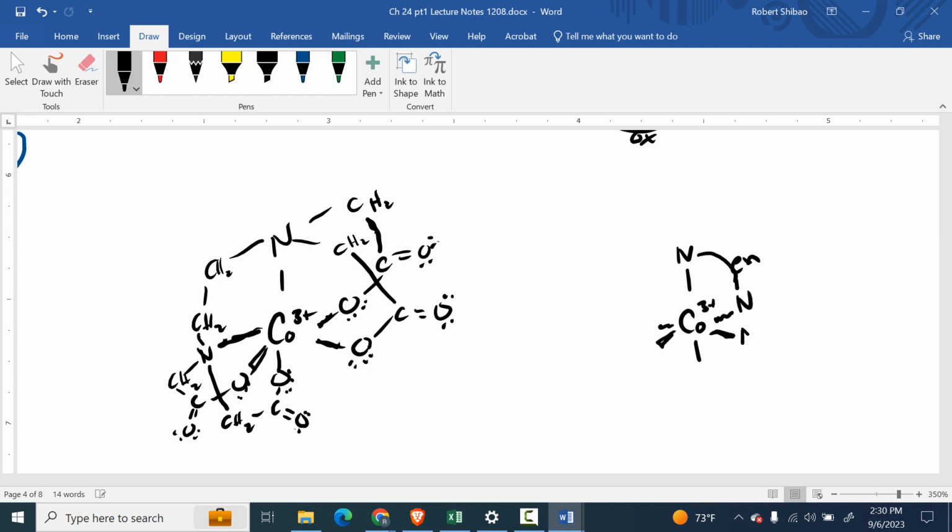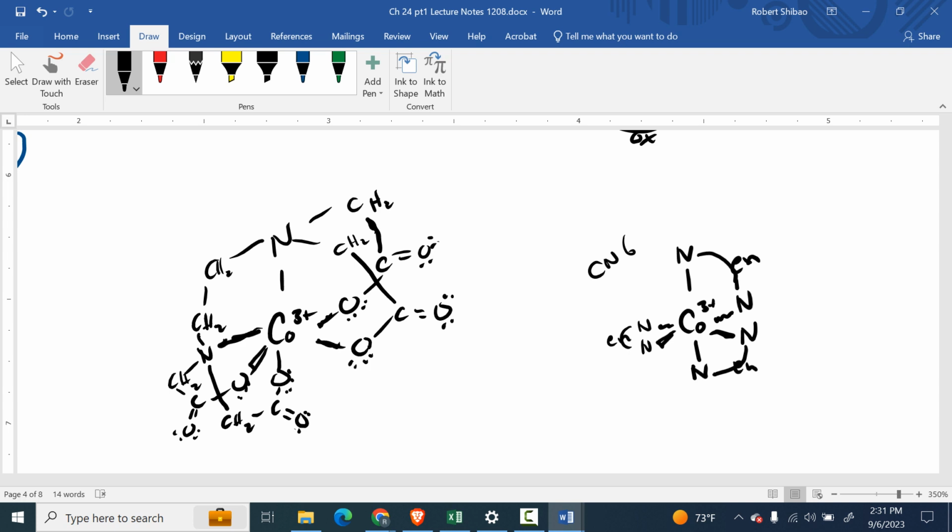So if I put one nitrogen here, I can't put the other nitrogen on the opposite end. I have to put it either here or here. Let me put it here. And this would be another ethylene diamine, and this would be another ethylene diamine up here. So in this case, I built this complex with 3 ethylene diamines, which gives it a coordination number of 6.